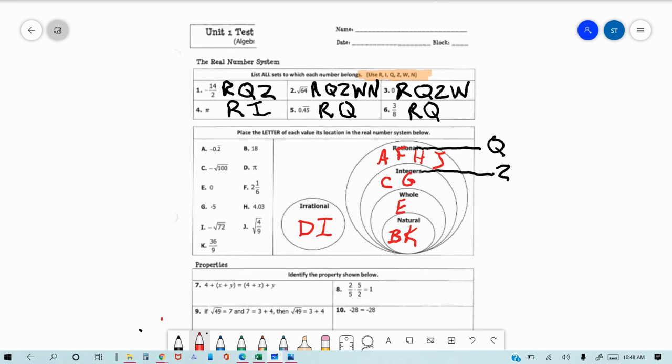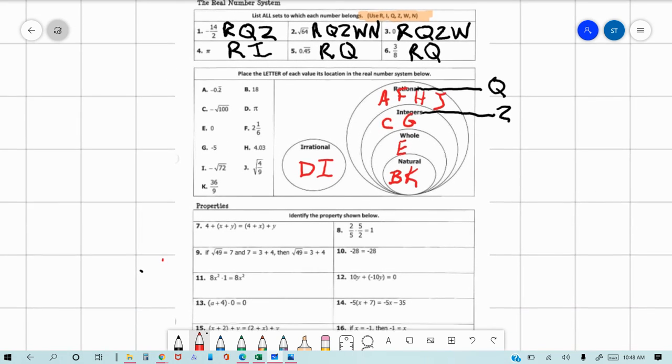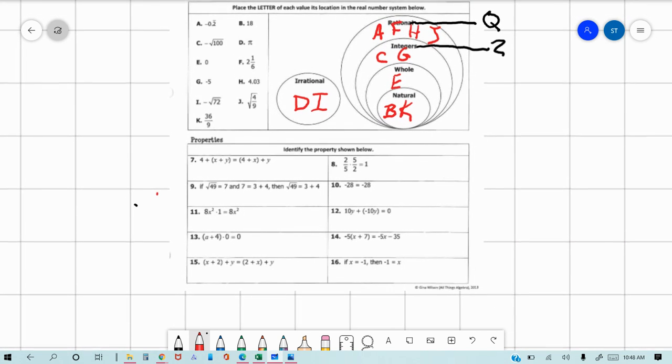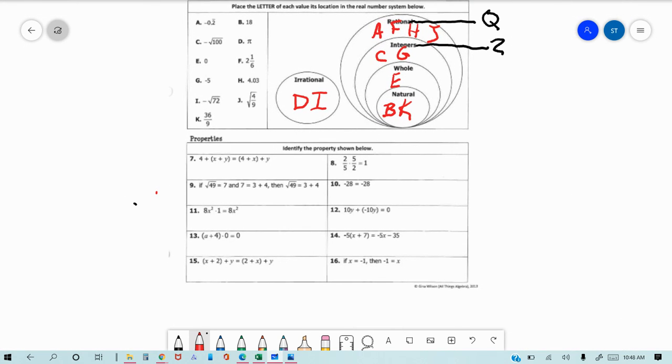May I go on? I'm just going to scroll up. This next part, you guys had a lot of trouble with, because you didn't read the directions.